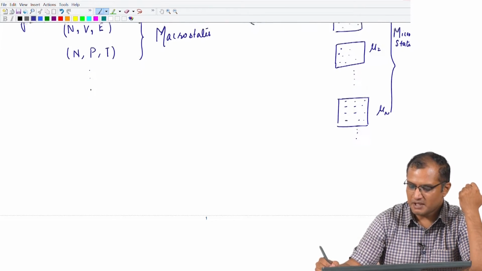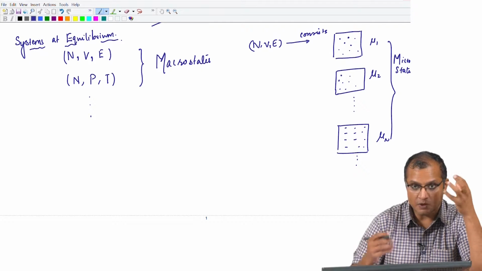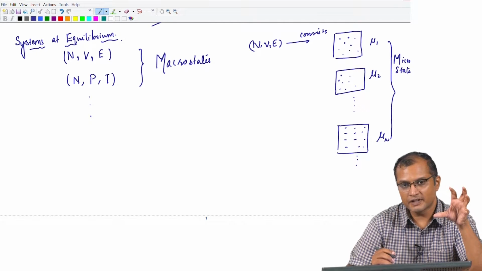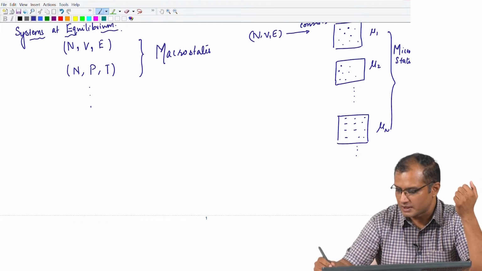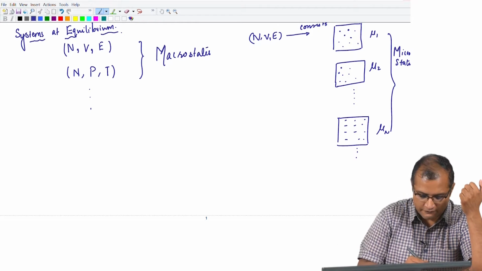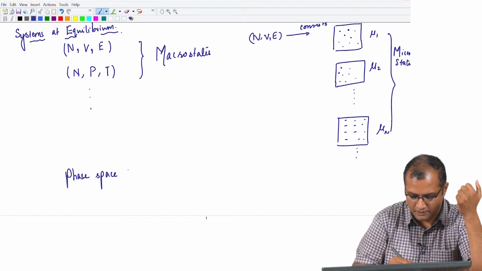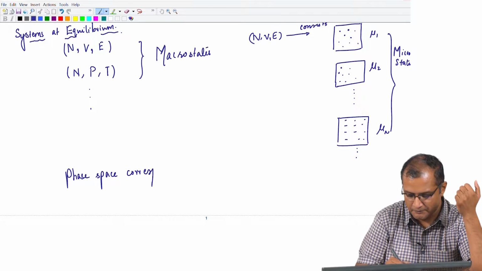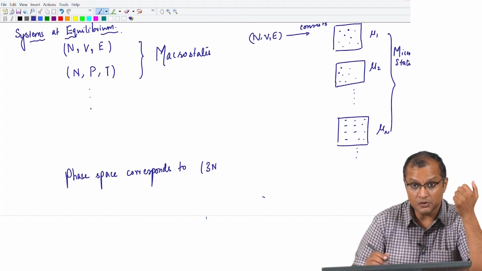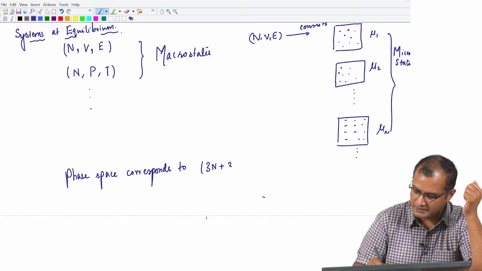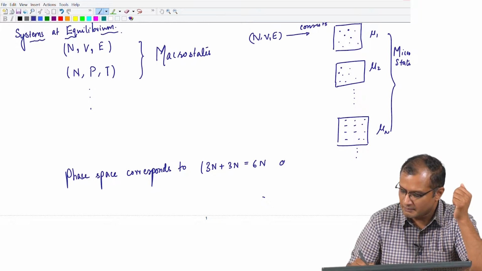Now, by phase space I mean the coordinate system of the degrees of freedom in position coordinates and degrees of freedom in momentum coordinates. So, the phase space here corresponds to 3N momentum degrees of freedom for an N particle system plus 3N position degrees of freedom. So, this is basically a 6N dimensional space.